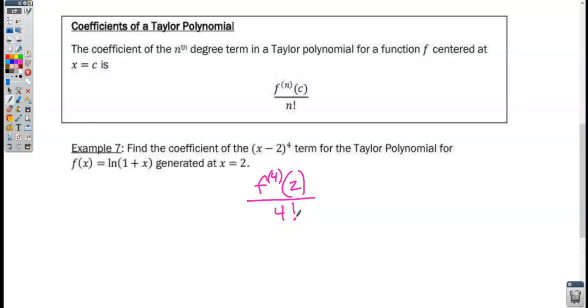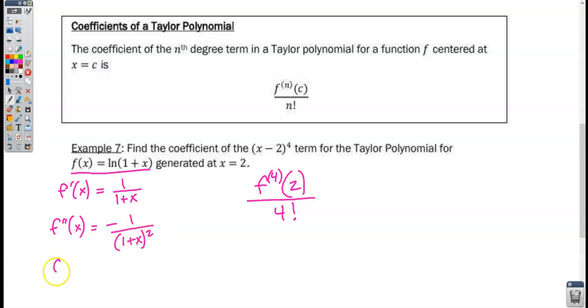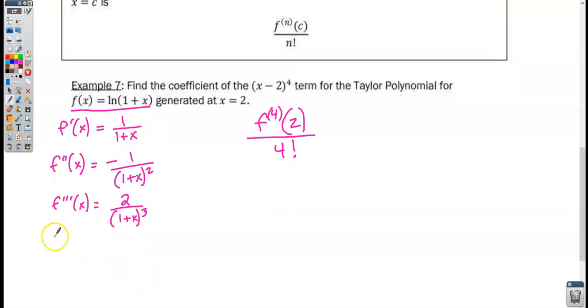So in order to find this, we need to find the 4th derivative of our original function. So let's see, f prime of x is going to be 1 over the quantity 1 plus x. Then f double prime of x is going to be -1 over the quantity 1 plus x squared. And f triple prime is going to be 2 over the quantity 1 plus x to the third. And f quadruple prime is going to be -6 over 1 plus x to the fourth.